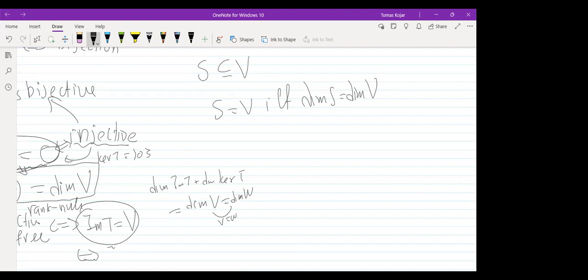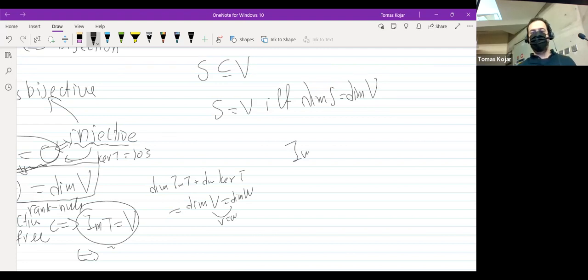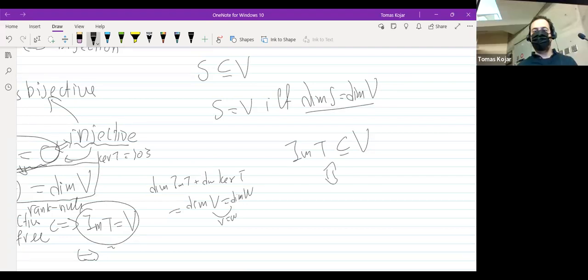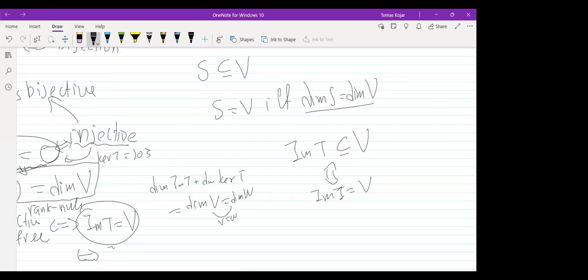We already know the image of T is inside V, and the dimensions match, so the image of T is V. That's the actual solid thing for surjective: the actual set is equal, not just the dimension.